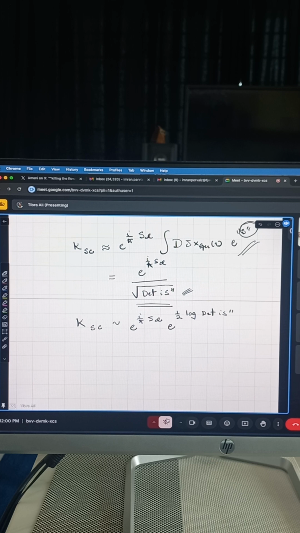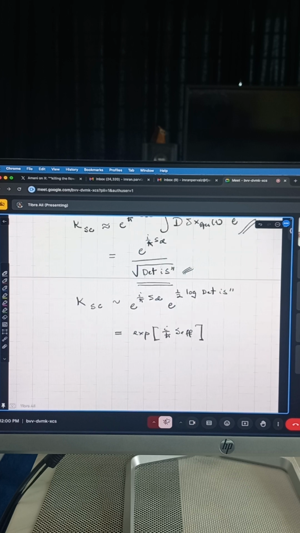And this we can then define to be the exponential of i by h bar times some effective action, and then the effective action, which is sometimes called the quantum action, has a classical part and a part which encodes the quantum correction in the semi-classical limit, and that's given by this. Okay, and this is kind of a famous formula.